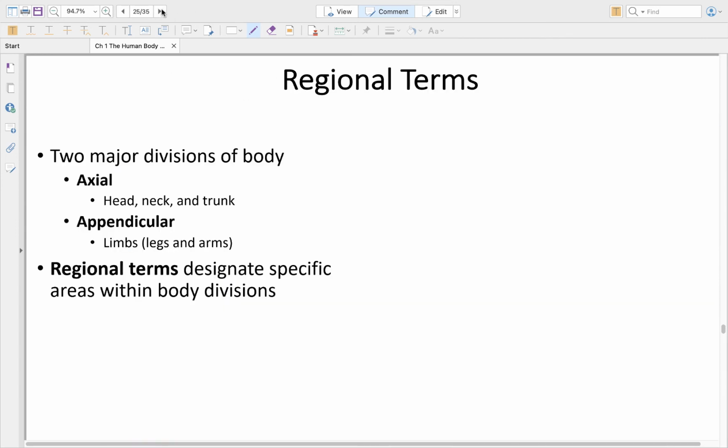Our human body is divided into two major divisions, the axial and the appendicular division. Axial, now I want you to think about a graph. In math, we have graphs, right? I'm going to draw a quick, very generic graph here.